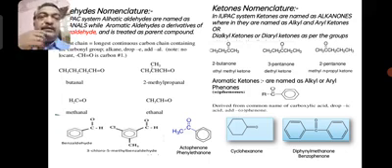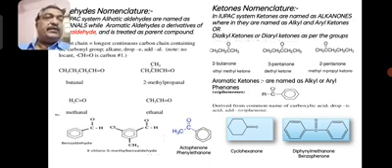CH3CHO is acetaldehyde, commonly called ethanal, and HCHO is formaldehyde, which is methanal. If an aromatic ring system is there, it is a benzaldehyde derivative.